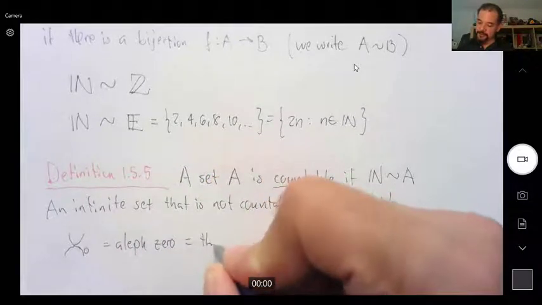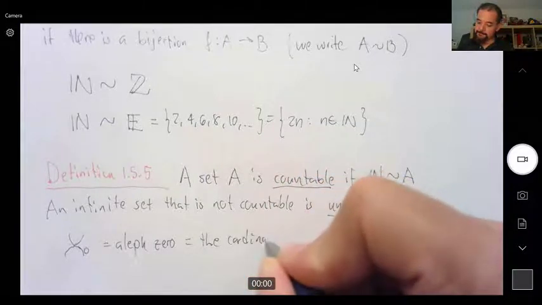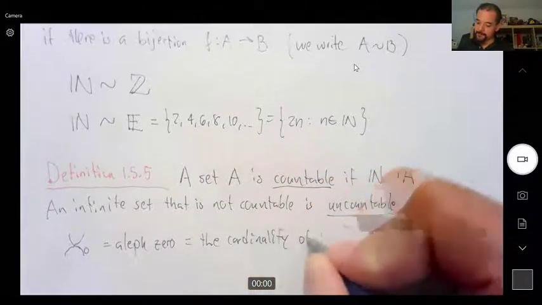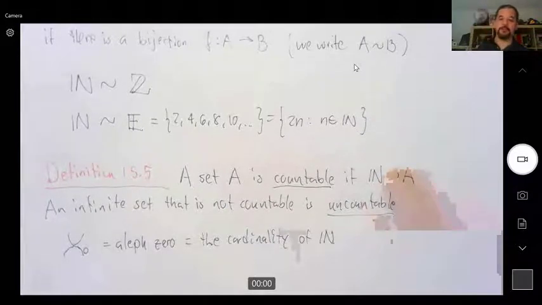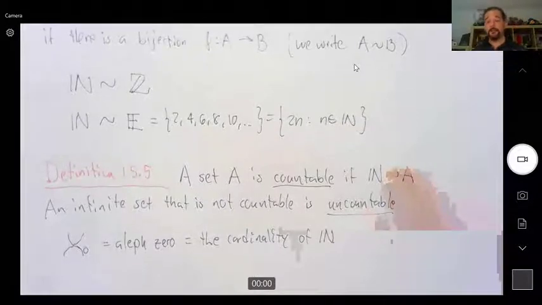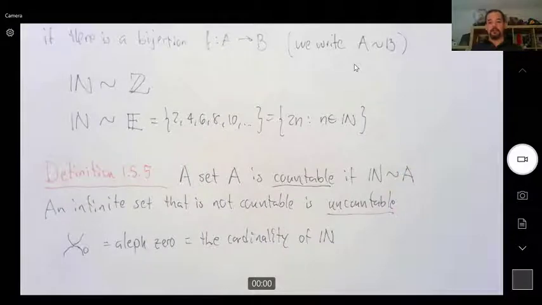This is the cardinality of the natural numbers. We won't talk about it in these terms in this class, but just a little bit of general knowledge for you. And then it turns out that, like I mentioned last time, there are infinite sets that are bigger than others. So there is such a thing as Aleph 1 and Aleph 2 and Aleph 3, etc. And you wouldn't even believe how big those infinite sets can get.